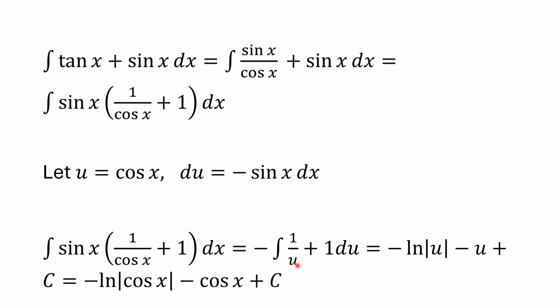This is 1 over u plus 1, which is negative the logarithm of u minus u, bringing the negative sign through, plus the constant of integration, or the negative logarithm of the absolute value of the cosine of x minus the cosine of x plus c.